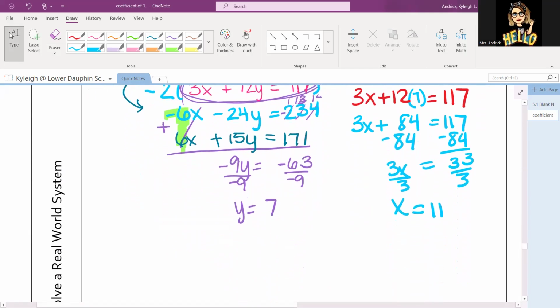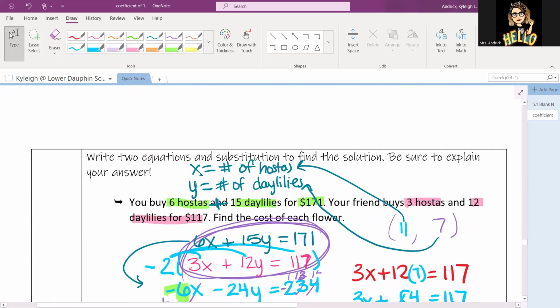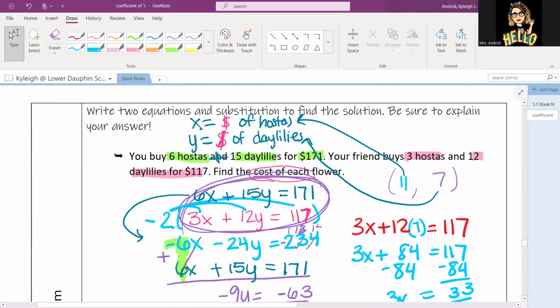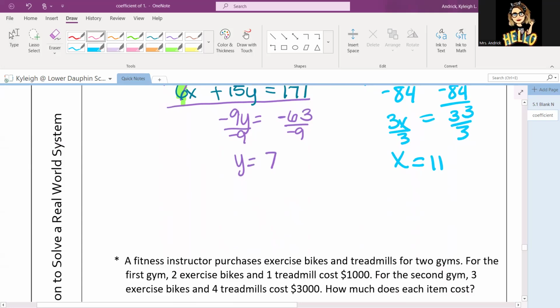So, we were talking about, oh, this shouldn't have been number. This was cost because we know how many we bought of each. Oh boy, I did all sorts of things wrong. You were probably thinking that as I was doing it. Find the cost of each flower. Duh, Mrs. Andrew. Okay.